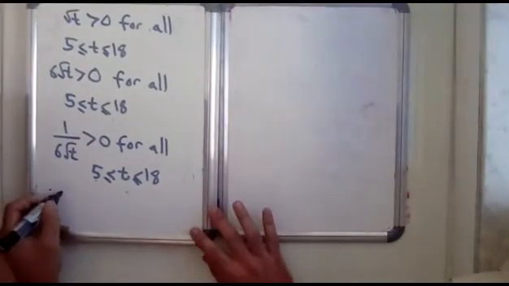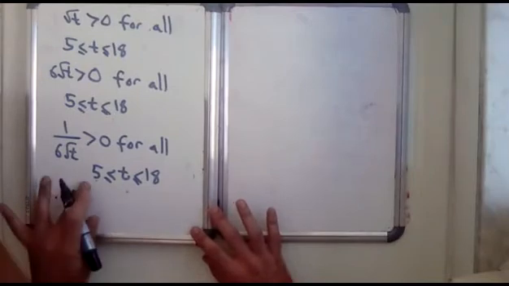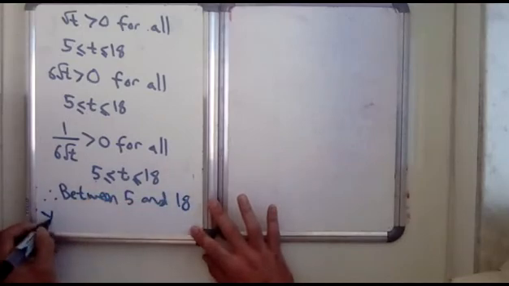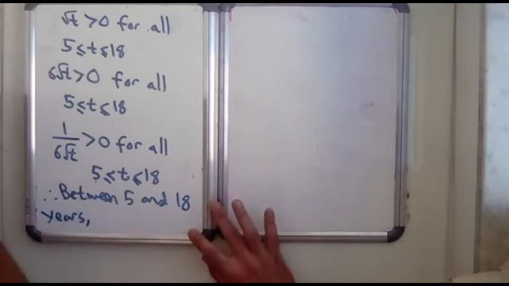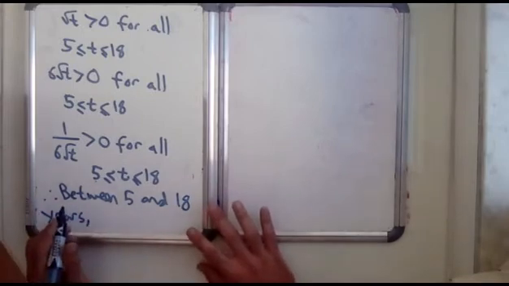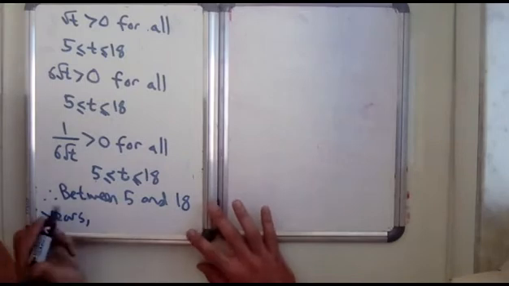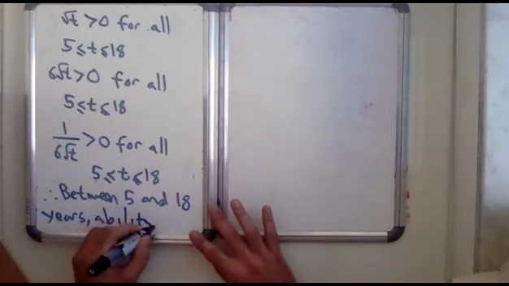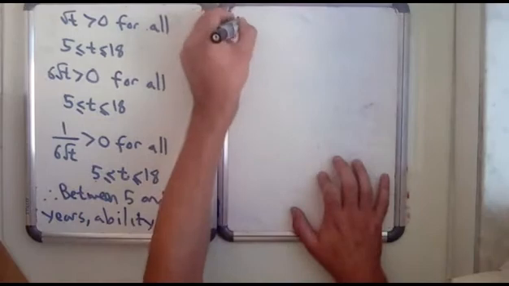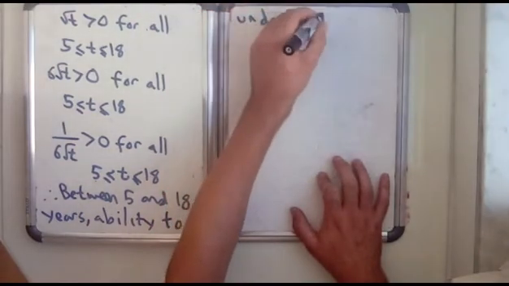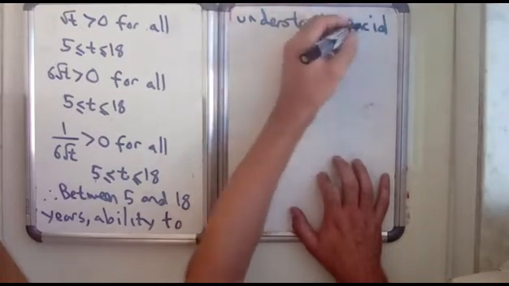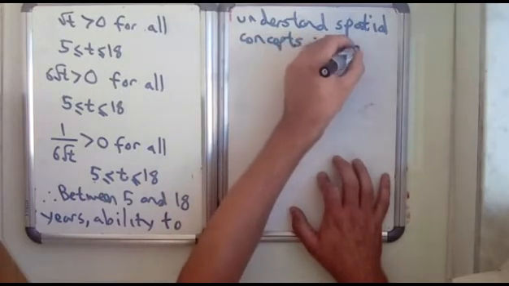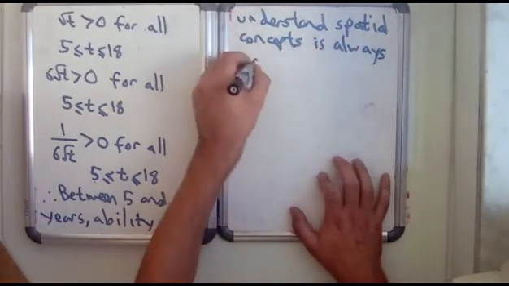Between 5 and 18 years, the ability to understand spatial concepts is always increasing, because the rate of change of ability with respect to time is always positive. Always increasing.